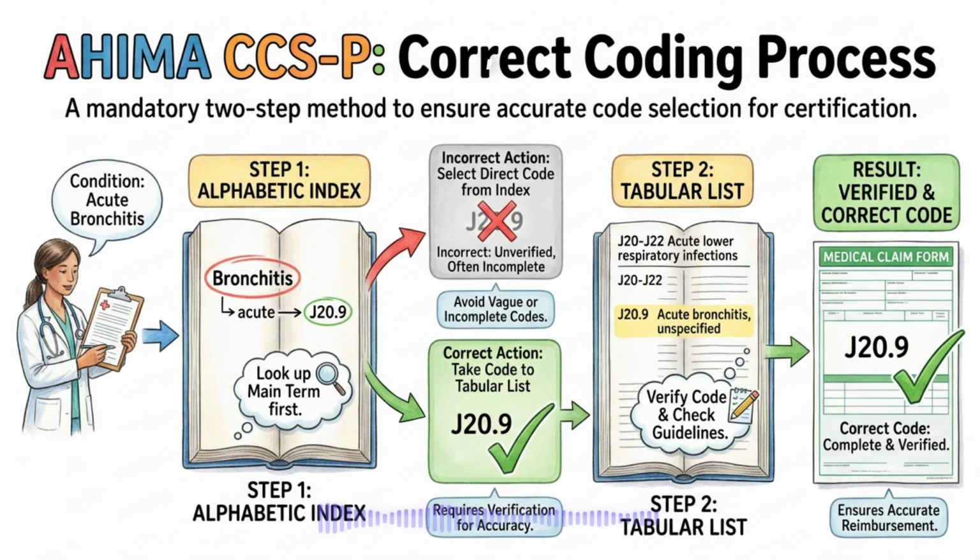Second, you must take the code provided by the index and verify it completely in the tabular list, which is organized numerically by chapters. A common mistake candidates make is pulling a code directly from the index without verifying it in the tabular section, which often leads to selecting an incomplete or incorrect code.